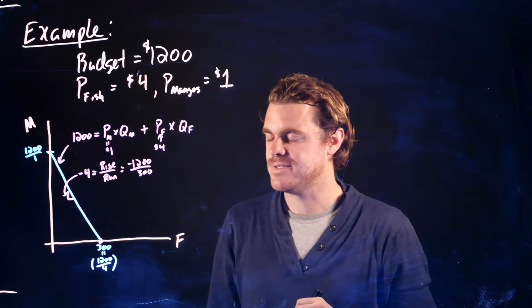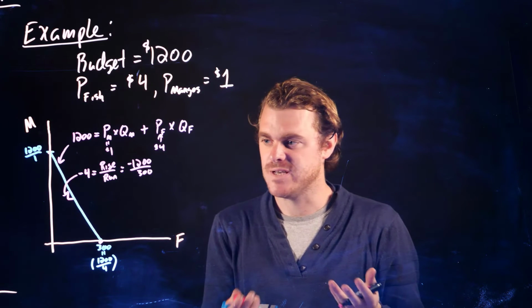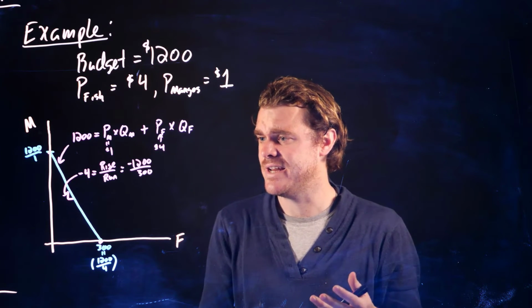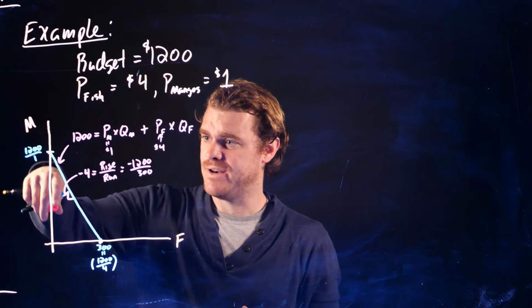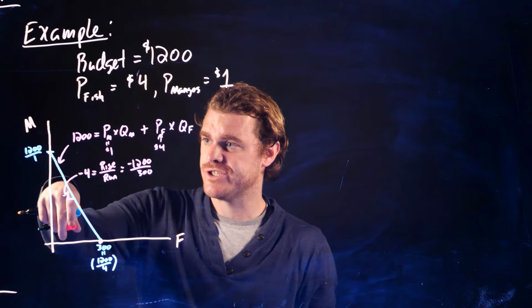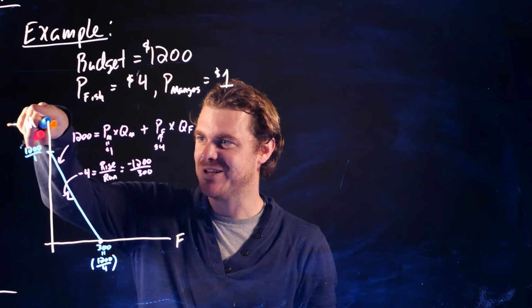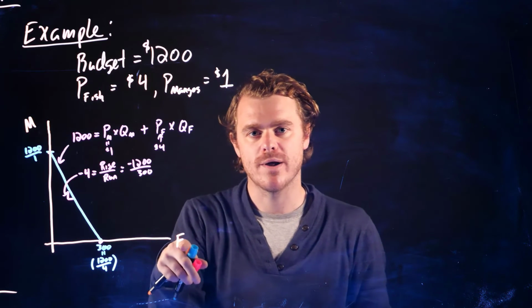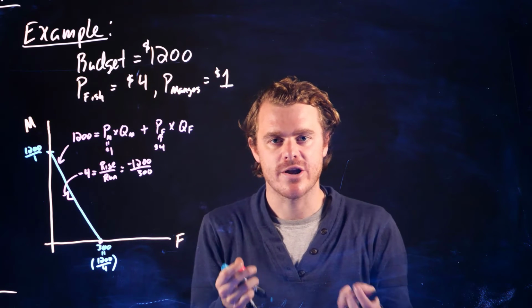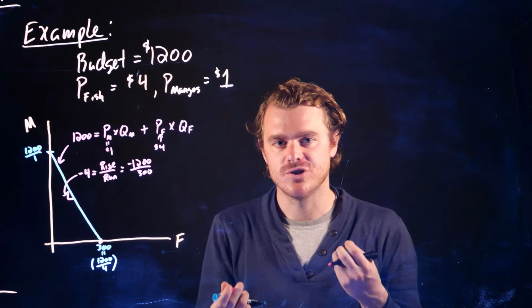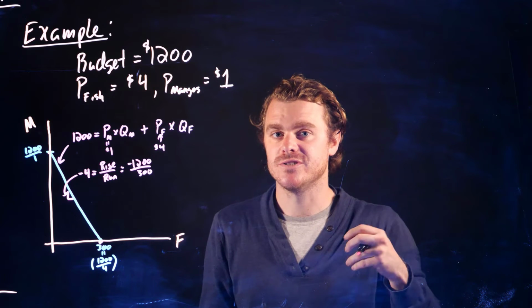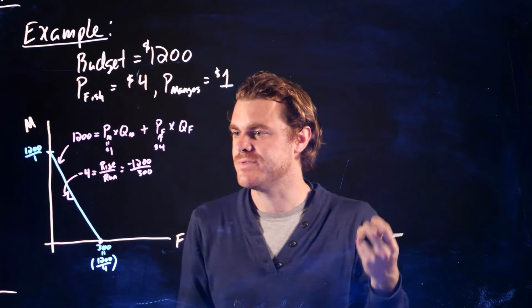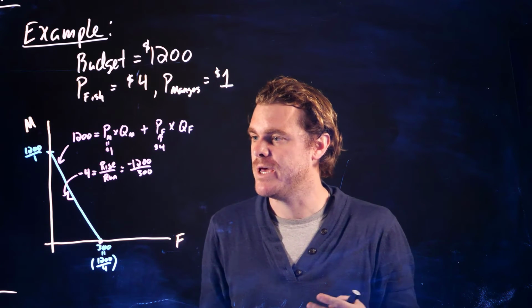So that's how I got that slope. This is the rate of substitution in the sense that in order to get one more fish, Alex will have to give up 4 mangoes to be able to afford one more fish. So it's showing us the trade-off in terms of our budget, the substitution in terms of our budget. Not to be confused with the marginal rate of substitution, which we'll talk about in a bit.